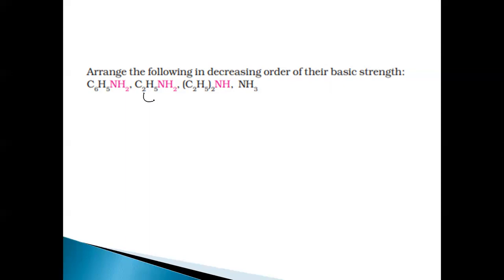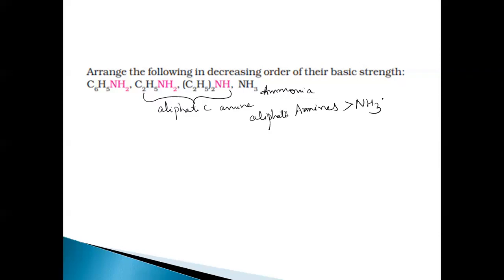See, in my previous video, I've discussed why aliphatic amines, these two are aliphatic amines, and this is ammonia, so aliphatic amines are more basic than ammonia, and ammonia is more basic than aniline. Just now we have seen, right? This is an aromatic amine. Because there's a conjugation with the ring, it reduces the availability of the electrons on the nitrogen here.